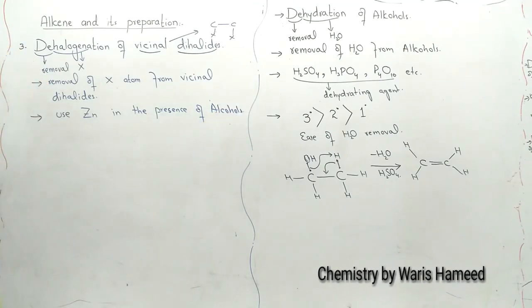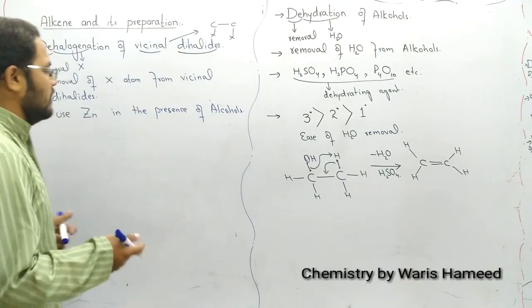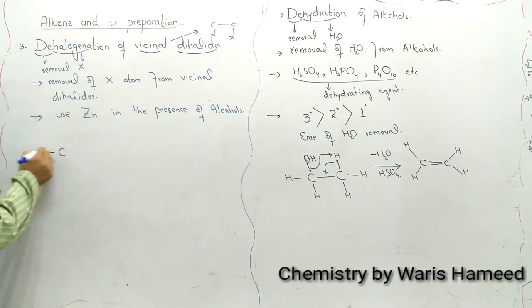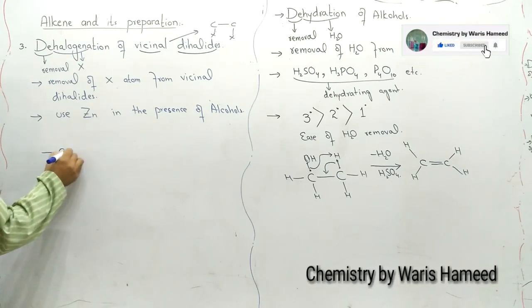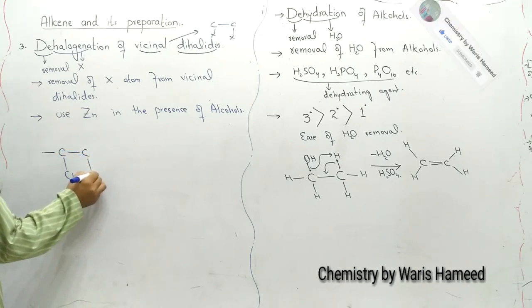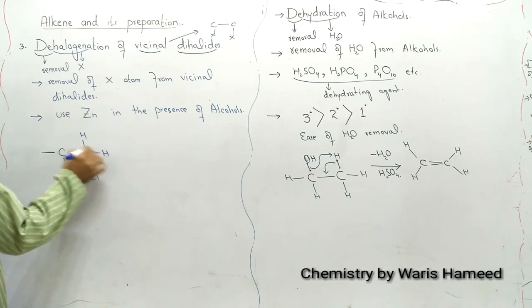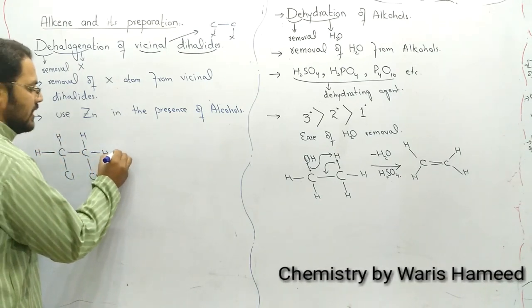This reaction can easily be carried out with the help of alcohols. Here is a vicinal dihalide. I am using chlorine in the place of halogen.